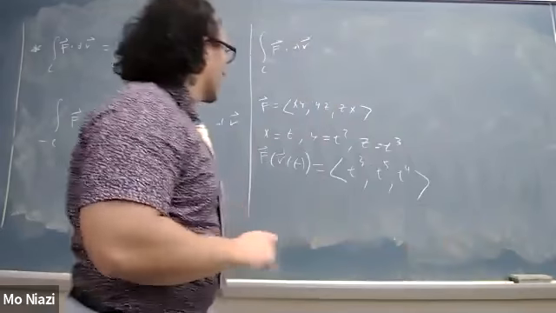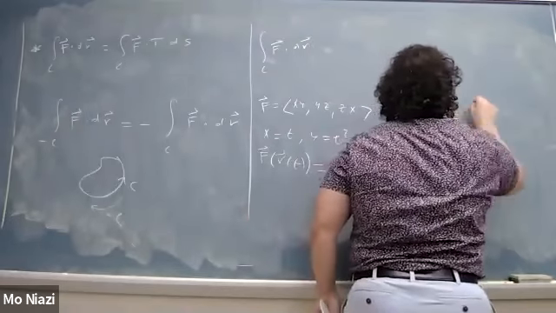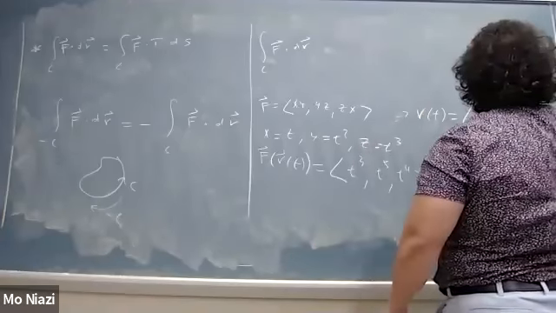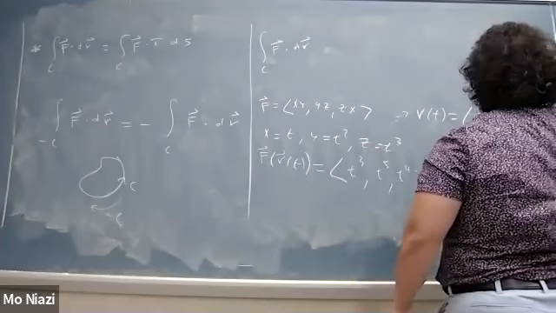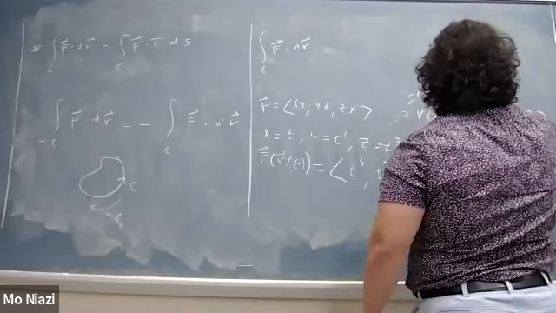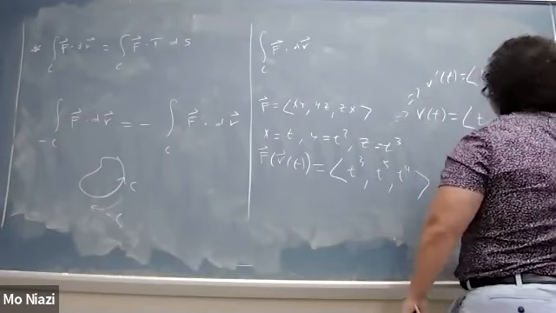All right. And notice that this implies that our r of t is t, t squared, t cubed. And so r prime of t is the derivative with respect to t. So this becomes 1, 2t, 3t squared.